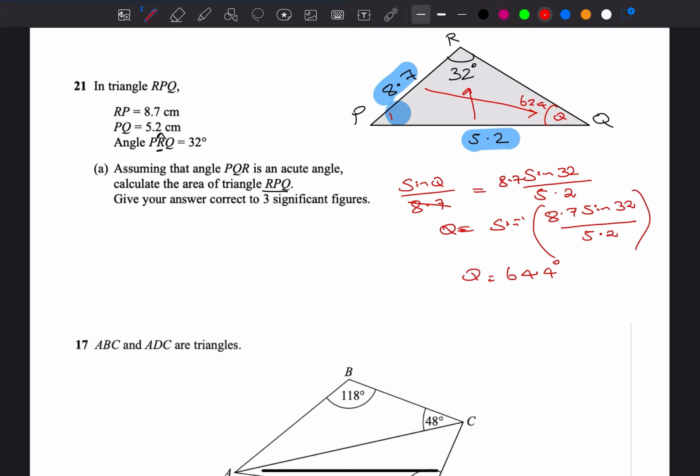Then we can work out this angle P, which is technically 180 minus, isn't it? 180 minus what angles do you have? 32 minus 62.4. Which makes it 85.6.